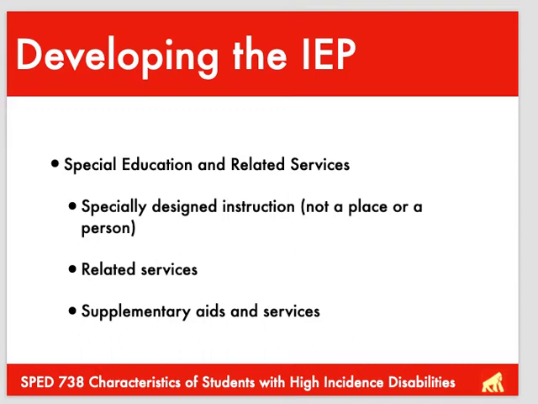So if the student's used to maybe having peer support or a para in the classroom, and it's not listed in that document, it's not in the IEP, when they move, the likelihood of that school knowing that they need that is pretty slim. So we want to make sure that it is a very thorough document in terms of what we're providing in the classroom.